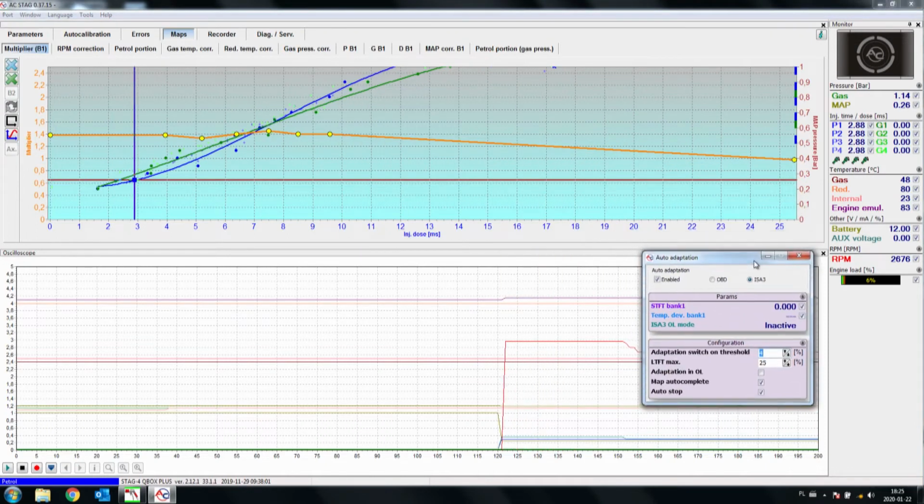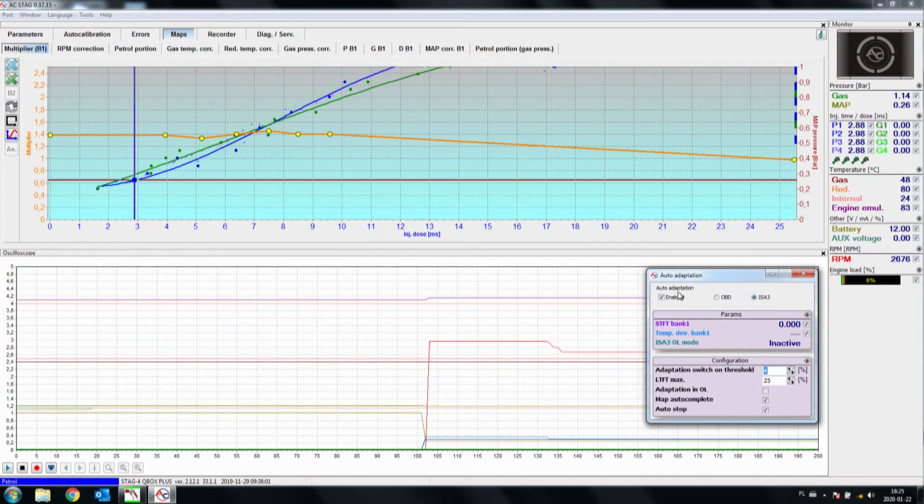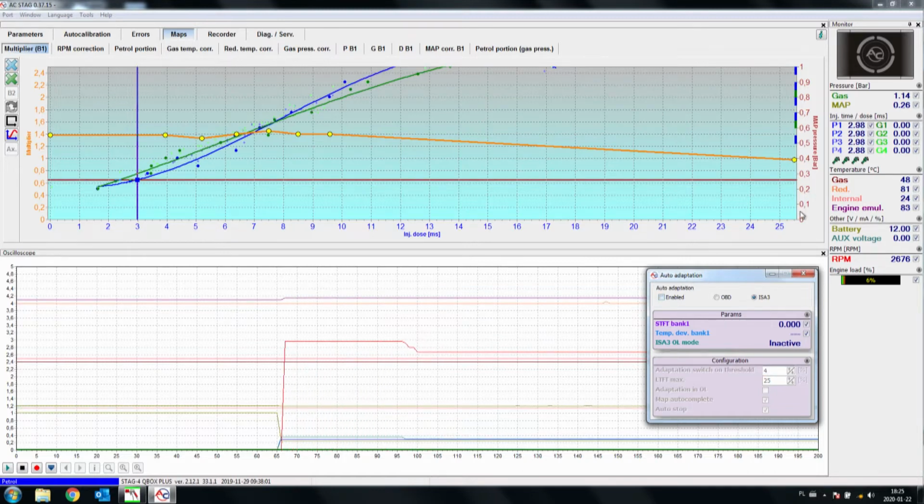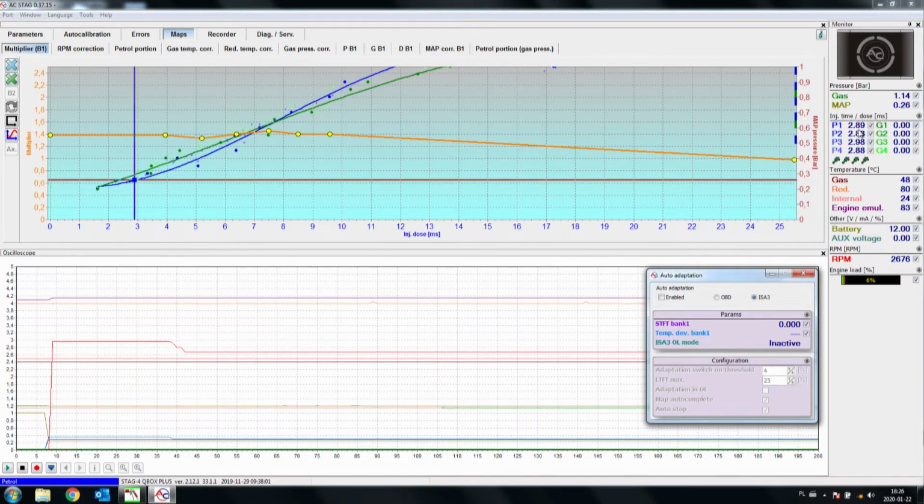As you can see, we have some information, some adjustment that the system already made. So once again, according to the injection time that you have in the Cubox on the right side, the blue is the petrol line, petrol injection time, and the green is the gas injection time.